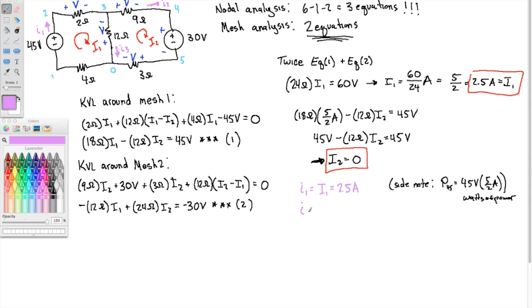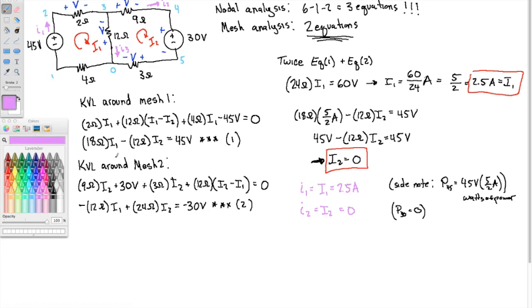Well, similarly, only mesh current I2 is contributing to branch current I2, and they're in the same direction. So I2 is equal to capital I2, which is 0. So a side note here would be that the power in the 30 volt is 0. It's not supplying or absorbing power because there's no supply current there.